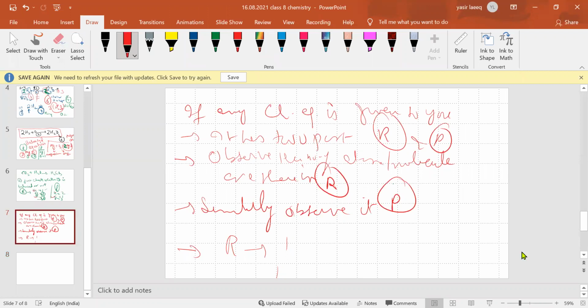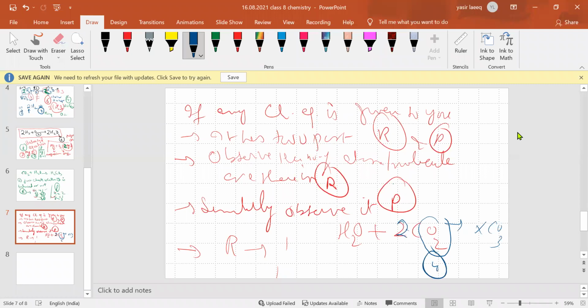So observe the total number of atoms in an element. For example, H2 plus H2O plus 2CO2. You have to write all the numbers of atoms. Let's say CO3 will be there. You have to count how many total oxygen are there. It will be 4 because 2 is outside, so 2 times 2 is 4, and 1 is there.